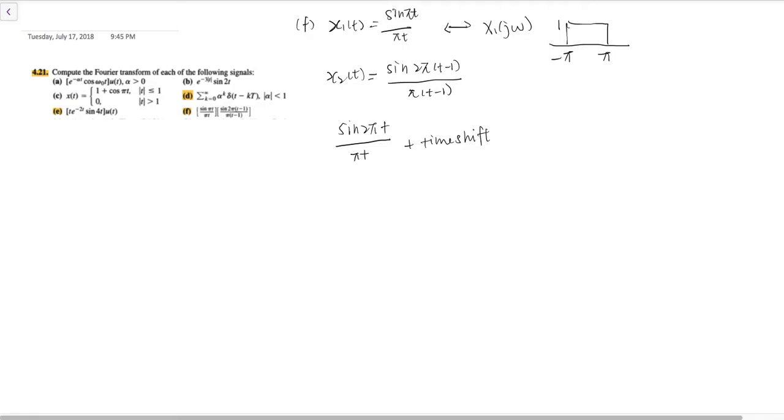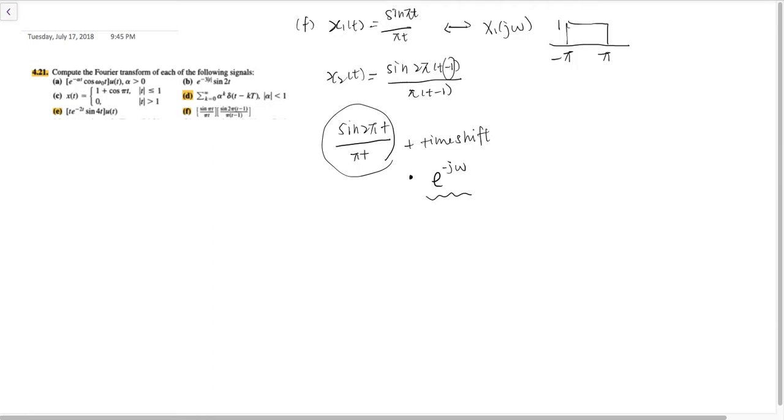We know the time shift property: on the basis of this signal's Fourier transform, times e to the negative j omega in our case, because you shift to the right by 1.